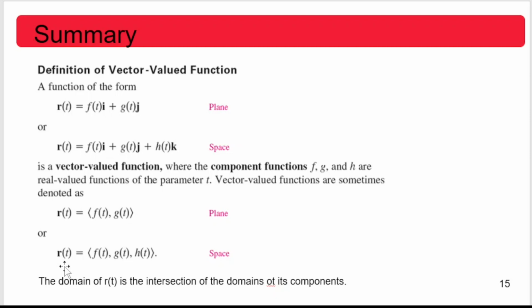R of t in three-dimensional space is defined in vector form as f of t, g of t, h of t, where f of t is the x component, g of t is the y component, and h of t is the z component. Okay, the domain of the vector valued function is the intersection of the domains of its components.